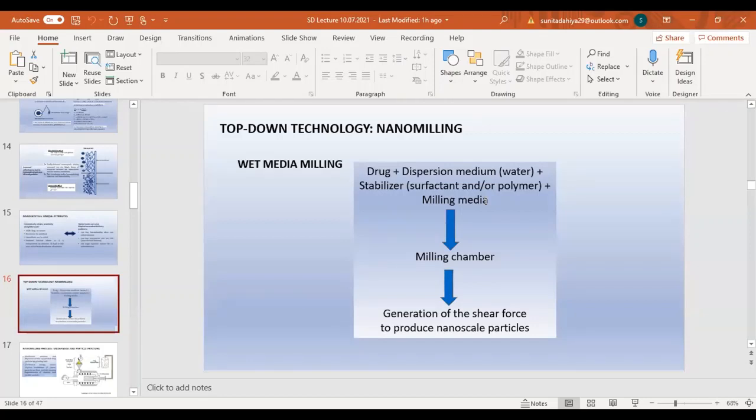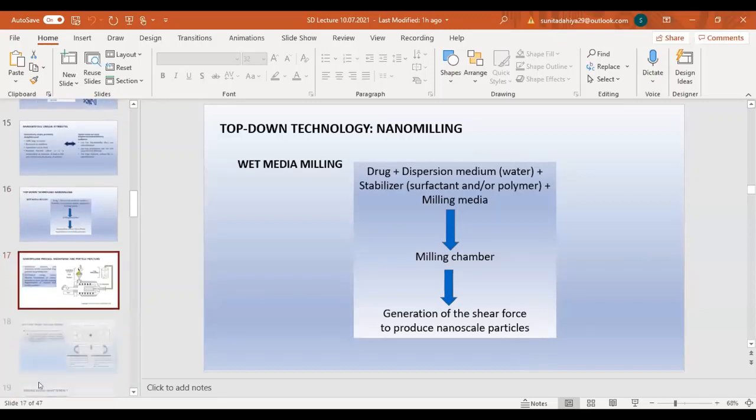All this will be loaded in the milling chamber, and then when you run this equipment, shear forces will be generated to produce the nanoscale particles. So basically the shear, impact and attritional forces will cause particle fracture and reduce the particle sizes.